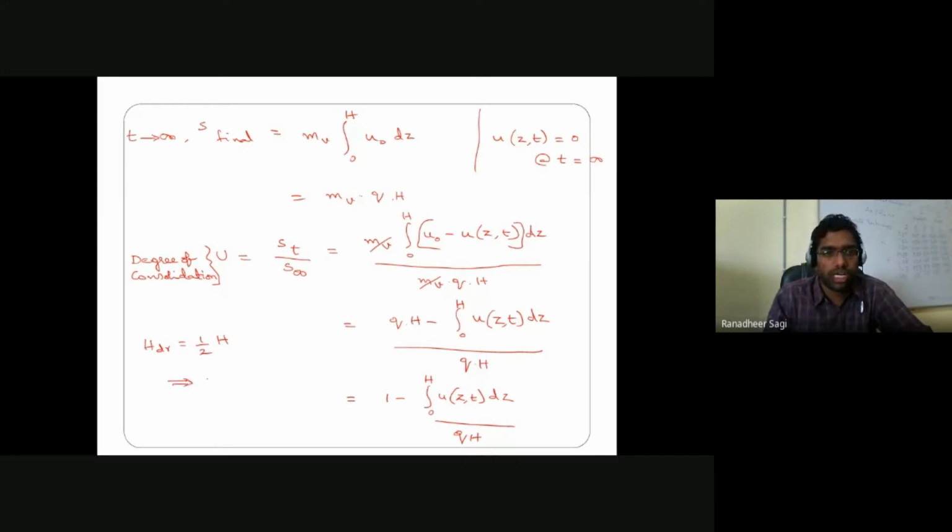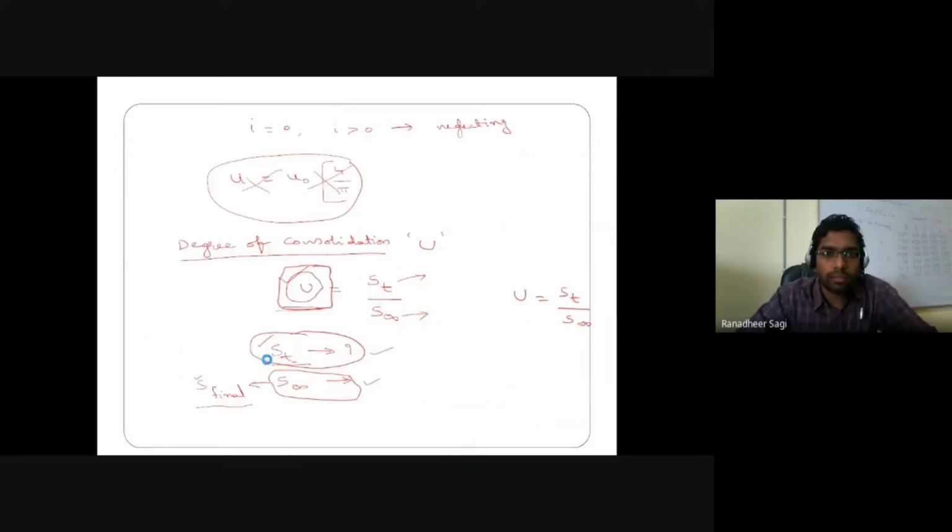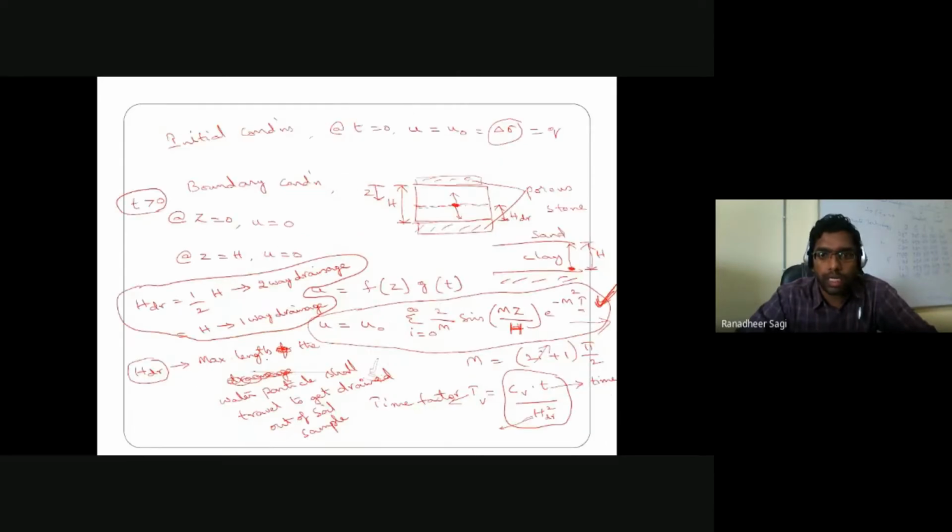So the height of the soil sample in terms of HDR is 2 times HDR. And earlier, please look at this expression for U, which is equal to U naught into summation from i going from 0 to infinity of 2 by capital M into sine of Mz by H. I wrote H; please correct, this is not H, this is HDR. Sorry for that. Please do correct your expressions if you have noted them down anywhere.